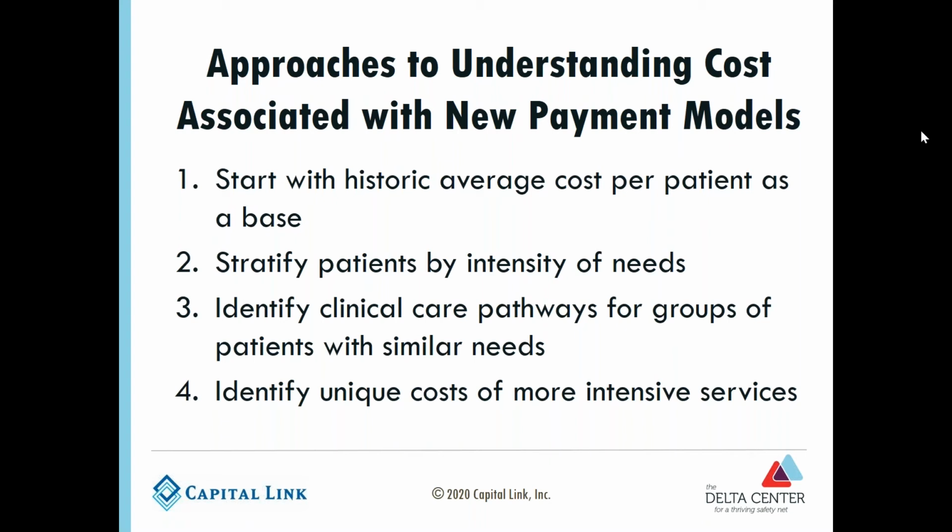We'll be talking about that in more detail and walking through how we would set this up, and that's how you're going to set your costs for determining those more intensive services, due to your utilizing these care pathways. Okay, Chloe, you want to move it on?